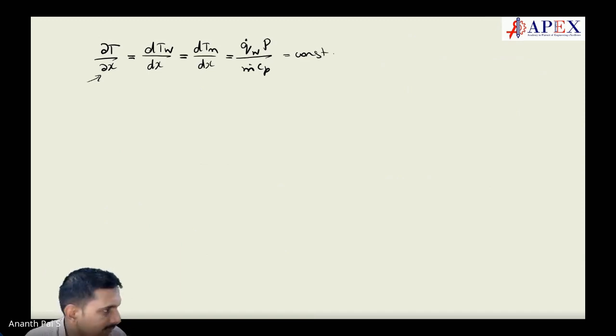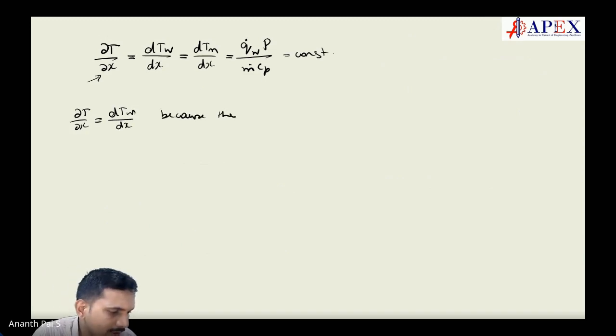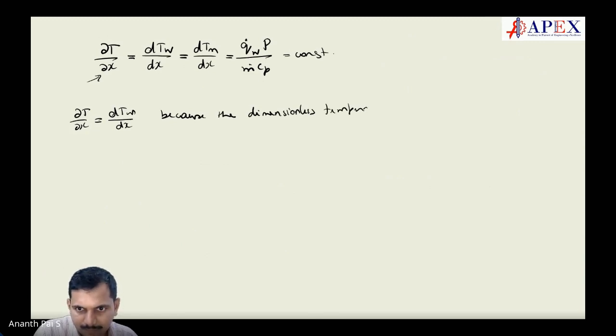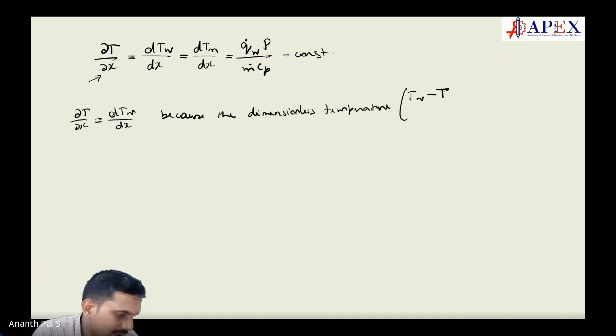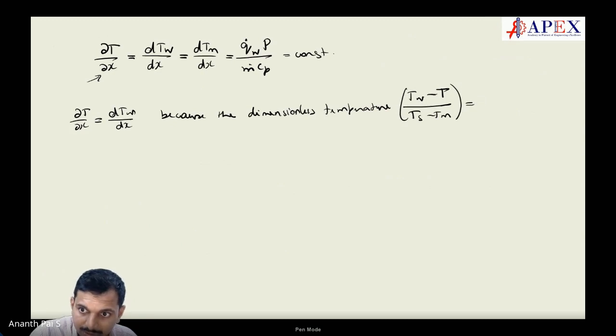This is fine. We are clear with that. How come dou T by dou x? See, dou T by dou x is equal to dT wall by dx because the non-dimensional, dimensionless temperature, T wall minus T divided by T wall minus Tm, is equal to constant in a fully developed flow.